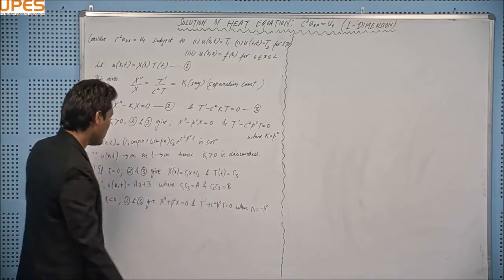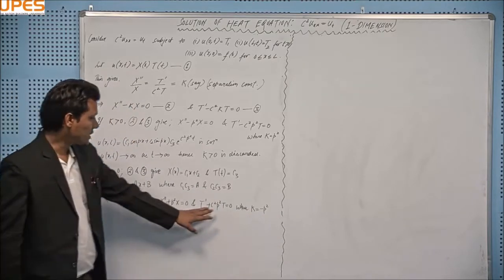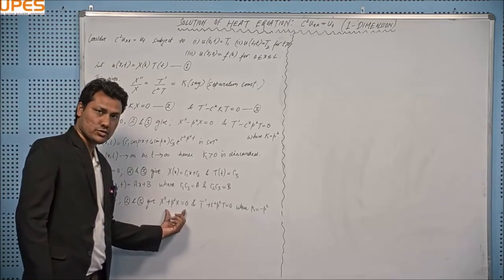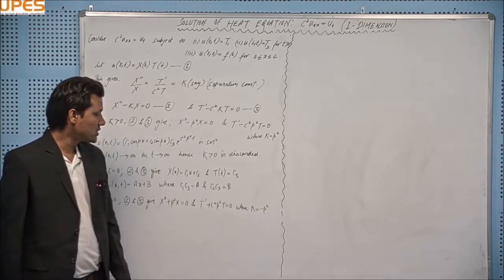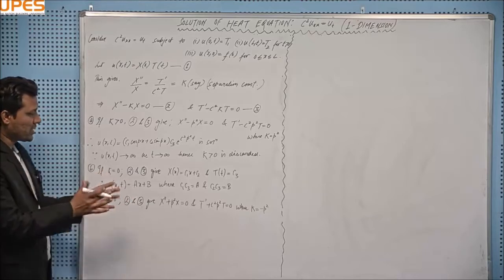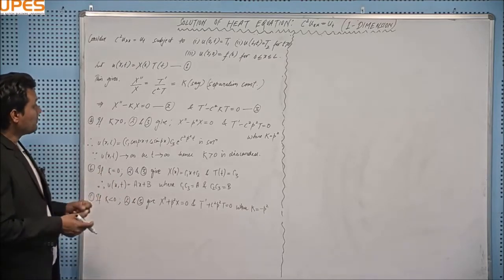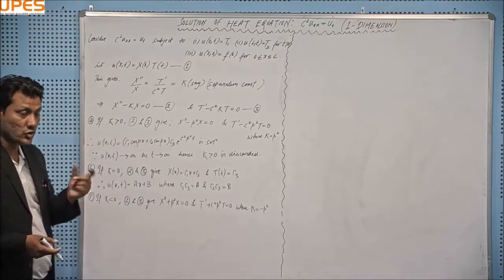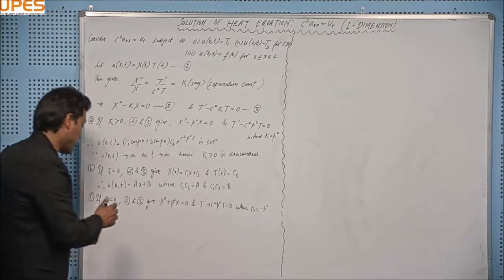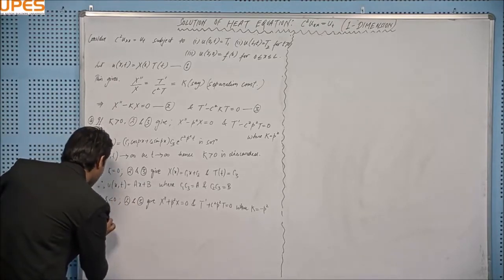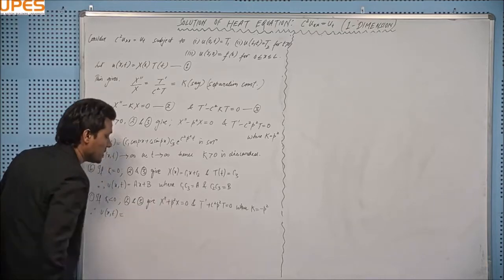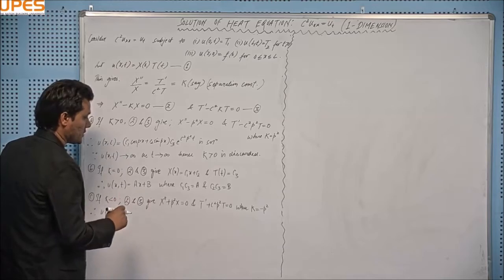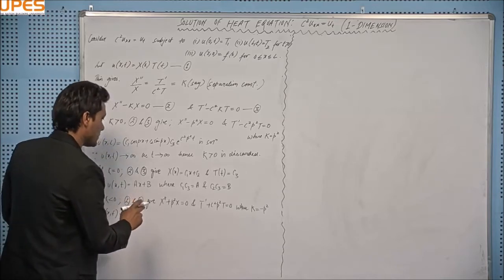Then on solving this and this, I will be getting a sine cos solution from here, and a negative exponential solution from there, and on combining them and putting them in equation number 1, I will be getting a solution of this form. I am writing it directly. Therefore, u(x,t) I will obtain something like this.